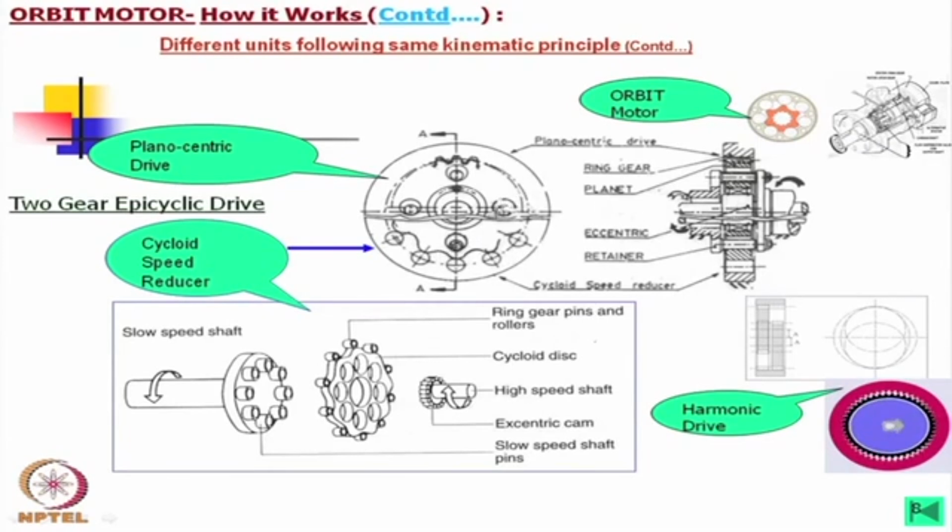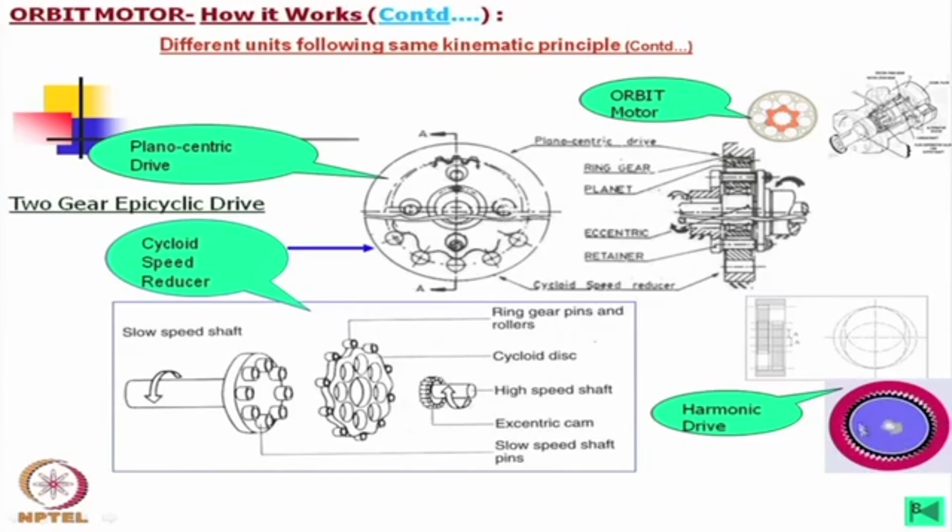Also with solid gears, not harmonic drive, we can have another gear drive called the planocentric drive. This looks alike. Here, in the bottom portion I have shown the cycloidal, and in the top portion the planocentric drive, and this planocentric drive and this drive are the same.